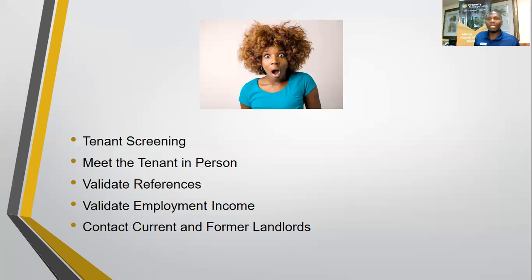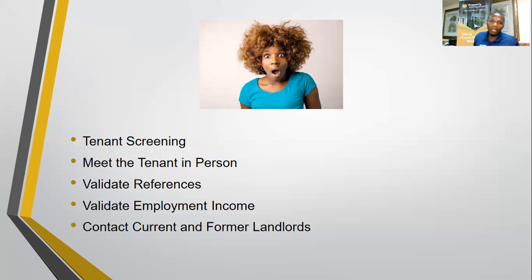Usually what I do is I get the last 2 pay stubs, and that typically is fine for me, but sometimes I do contact HR and their managers, depending on how I interact with them and what information they put in their application. So that's the 4th tip. Make sure that you validate the income.